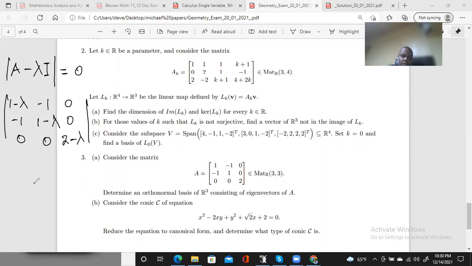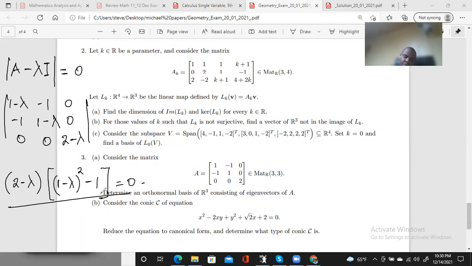So it would be 1 minus lambda times the determinant of 1, 0, 0, 2 minus lambda, which would be 1 minus lambda, 2 minus lambda, minus minus 1, so it will be plus 1 times the determinant of minus 1, 0, 0, 2 minus lambda.